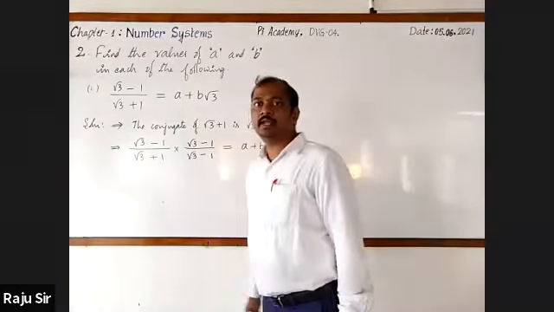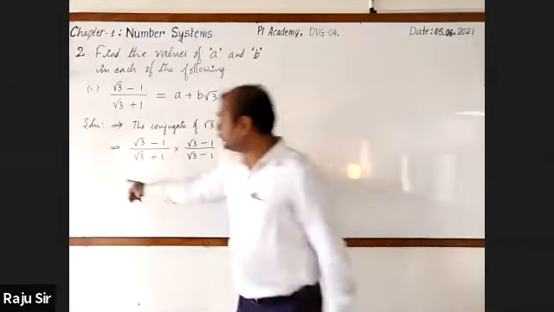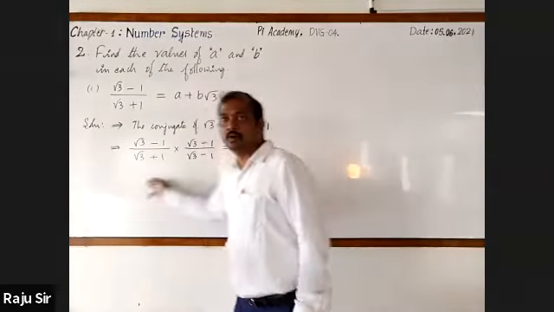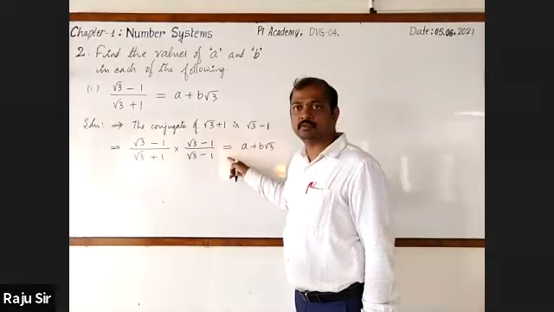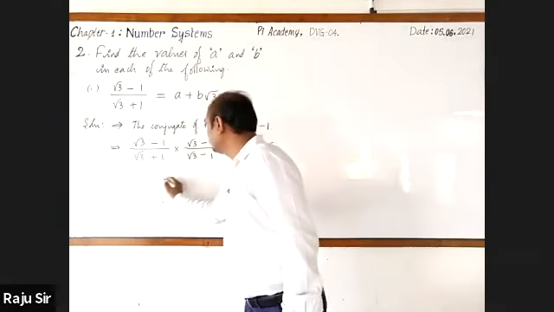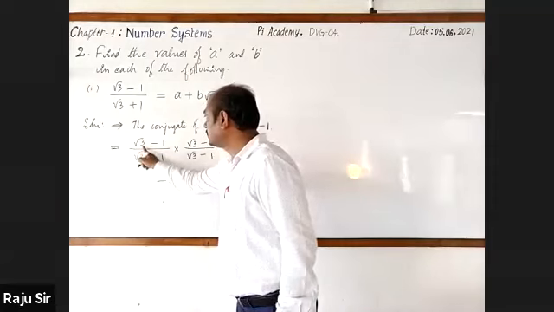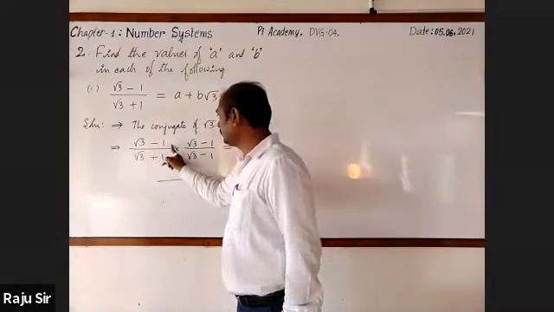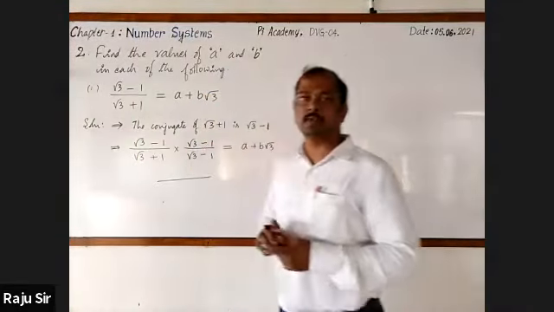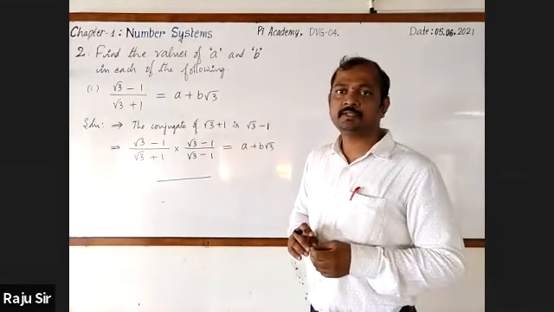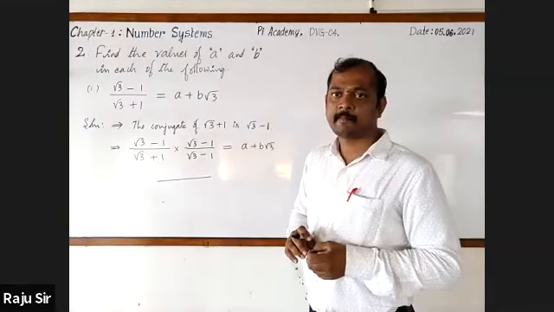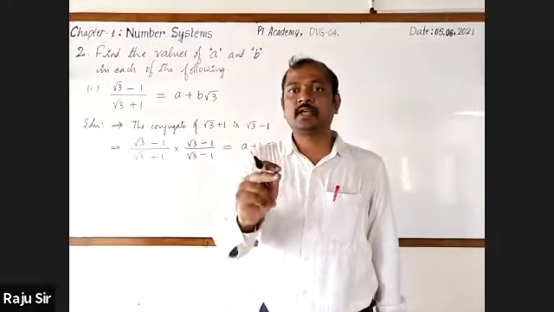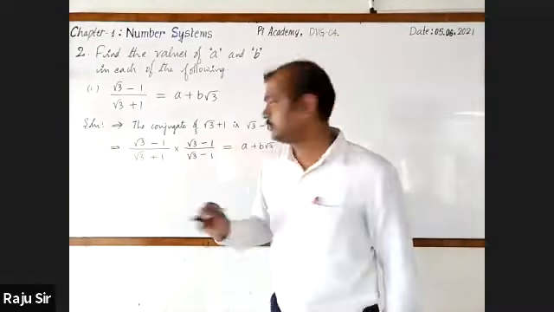Now simplify the LHS part. Don't put an equal sign here, in the whole statement they already have an equal sign. Numerator: observe, (root 3 minus 1) into (root 3 minus 1). In which form is it? (a minus b) whole square. To make you understand, I am extending one more step.